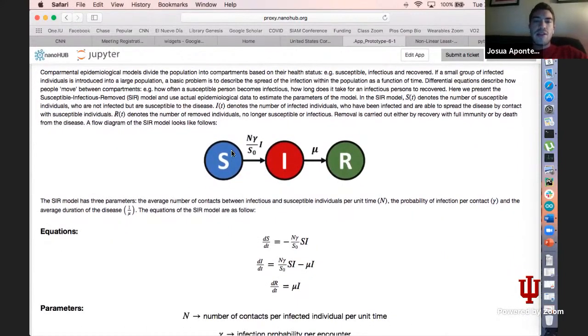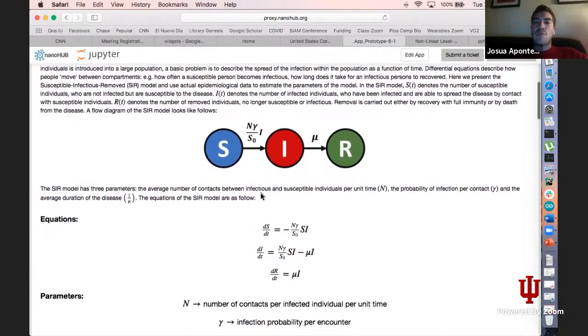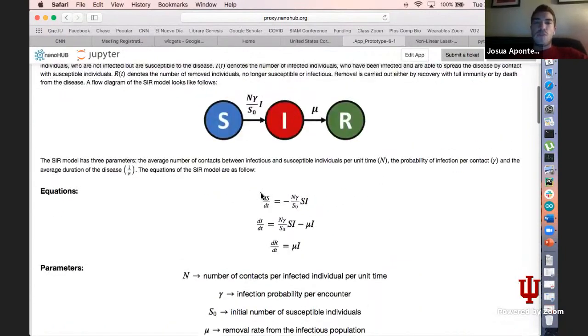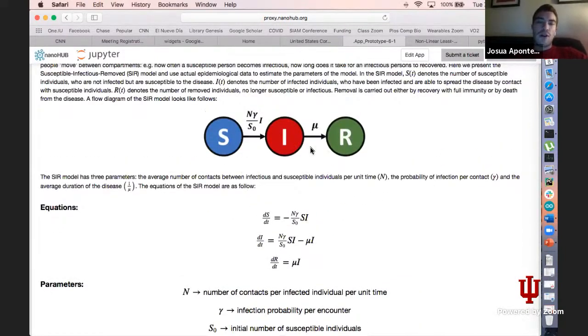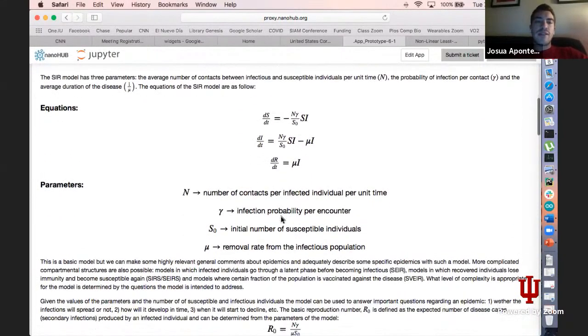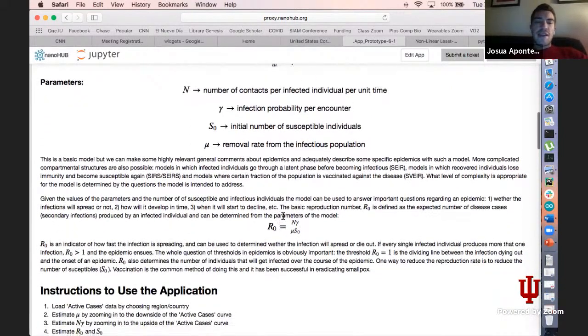And the idea here is that looking at the data, the downside and the upside of the curve, we can estimate the values of the parameters and use those estimates to simulate an initial guess of the model, and then take that initial guess of the model and use an optimizer to get a better estimate of the parameters. So we have the flow diagram here, the equations and the explanation for each of the parameters. There's a lot of text.